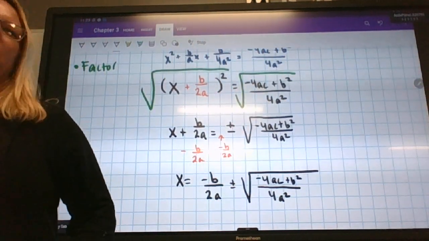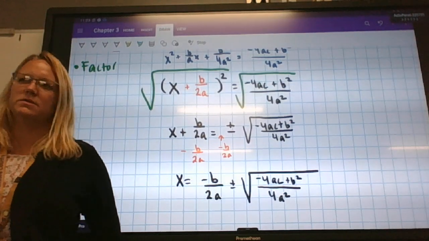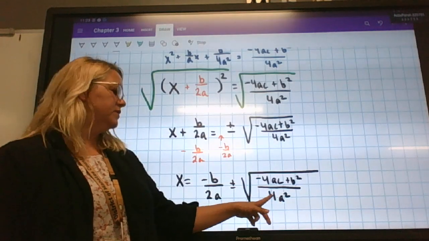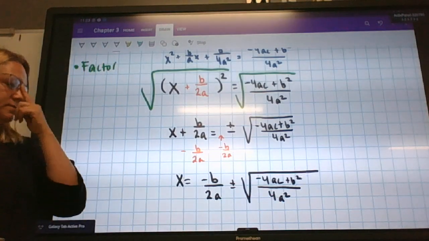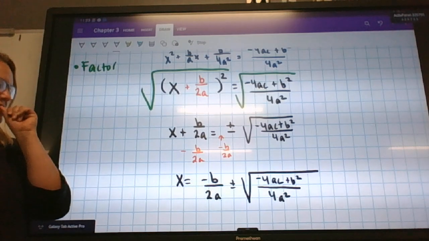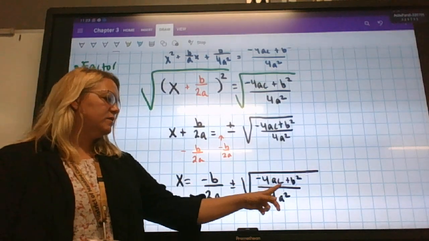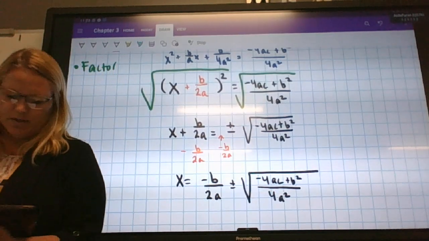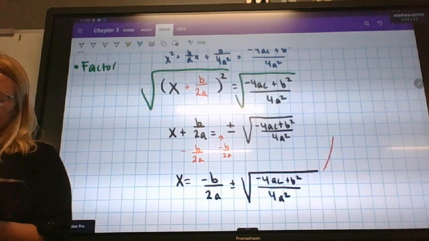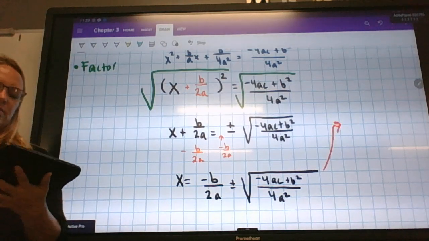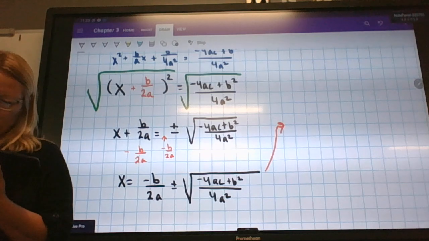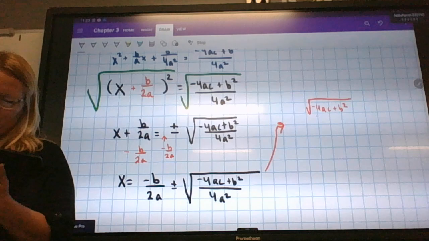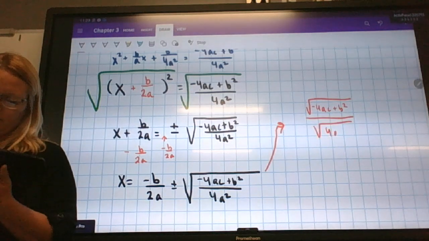What is the bottom of the quadratic formula though? What's the denominator supposed to be? It's supposed to be 2a, right? And I have this. So how do I go from this to 2a? I can square root the top and bottom separately. So I'm going to simplify the radical, which is exactly what we did with completing the square. We would stop and simplify our radical. So I'm going to look at the top square root separate from the bottom square root.